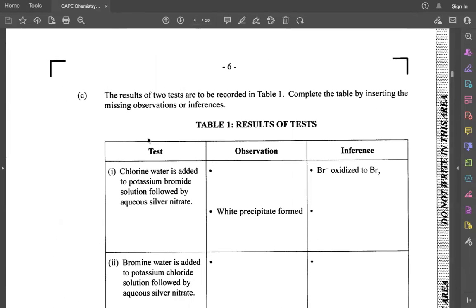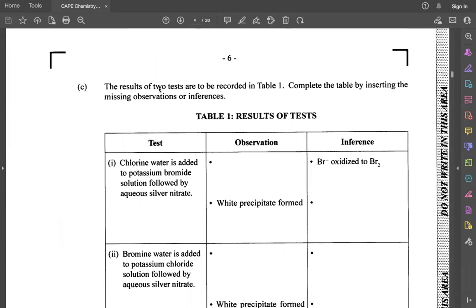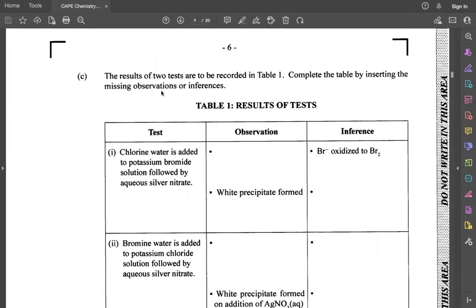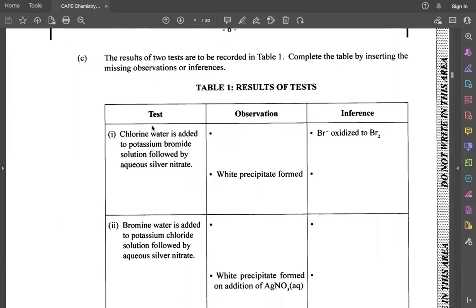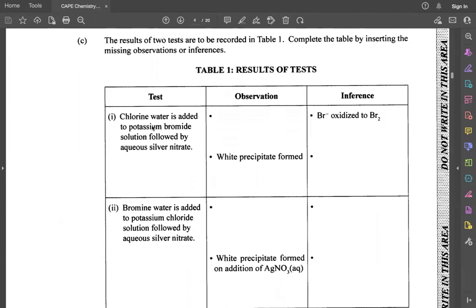So part C is saying that the results of 2 tests are to be recorded in this table, table 1, and they're asking us to complete the table by inserting the missing observations or inferences. So here we go now. So let's write out our tests.